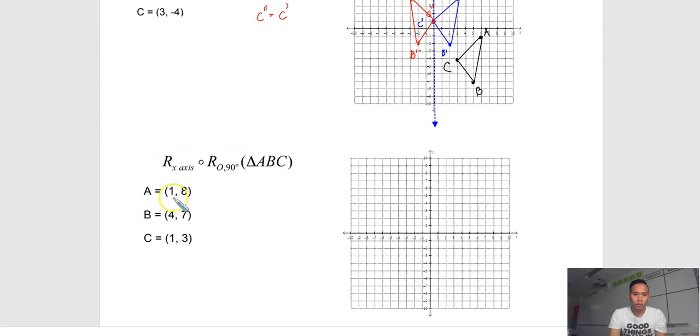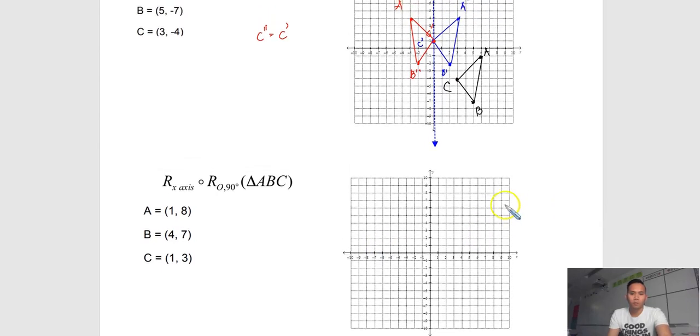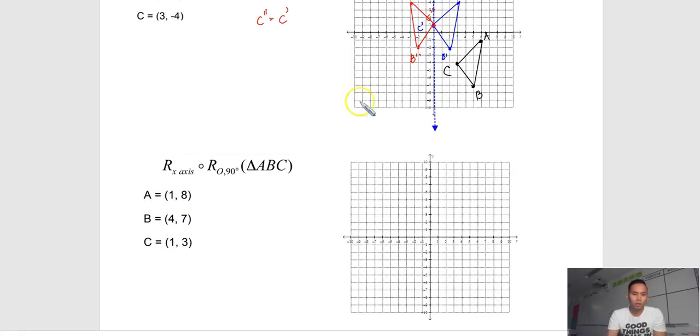All right, so let's do the second one. First we have to map your A, B, and C. So I'm going to map this one. A is at 1, 8. This is A. My B is at 4, 7.